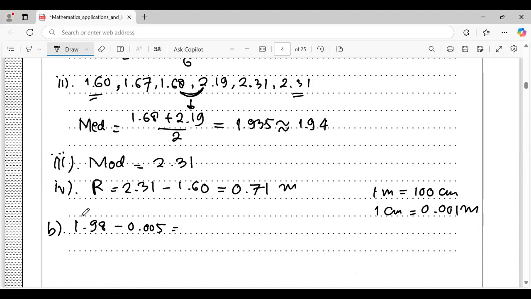So we are going to find it based on 1.98 minus 0.005. It is 1.975 meters, or in centimeters, 197.5 centimeters.